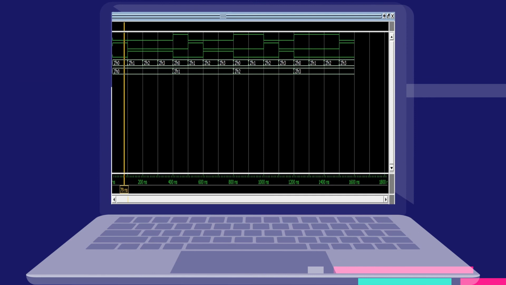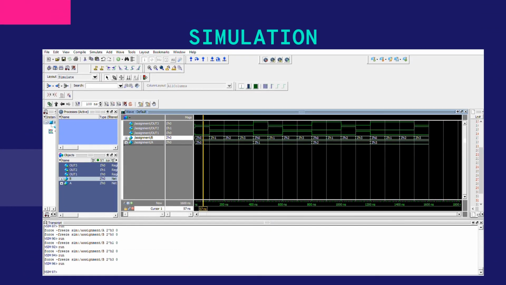This is the final graph that includes the waveform of output 1, 2, and 3 as well as A and B in all case conditions. This includes a video of the simulation.